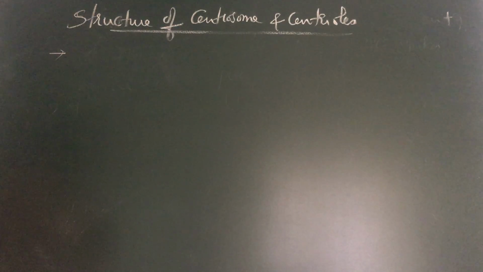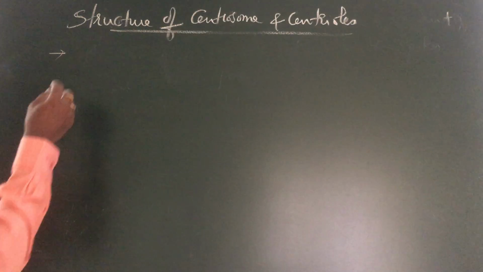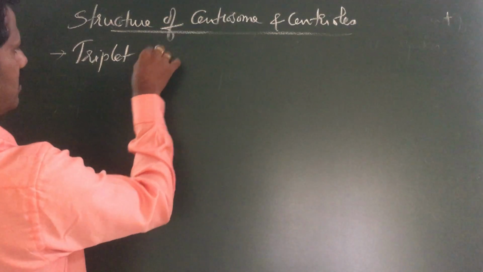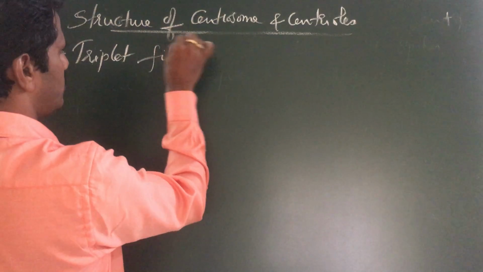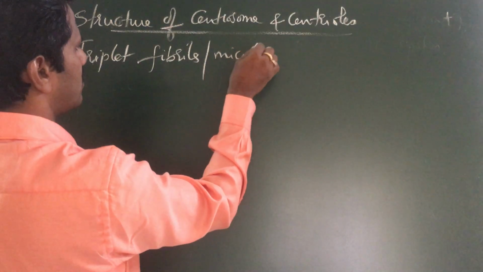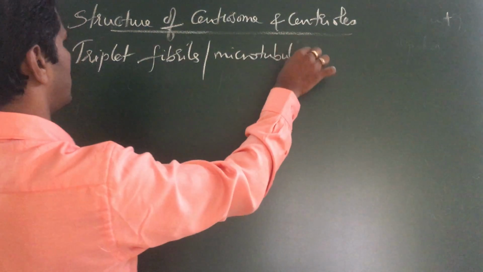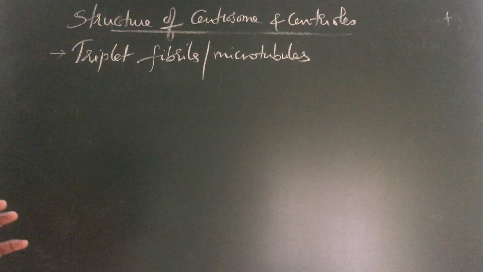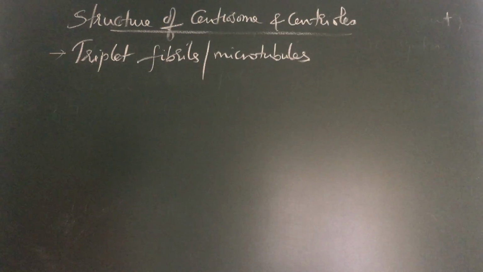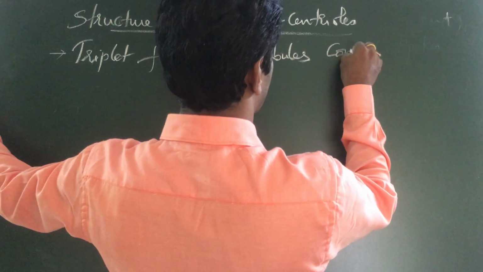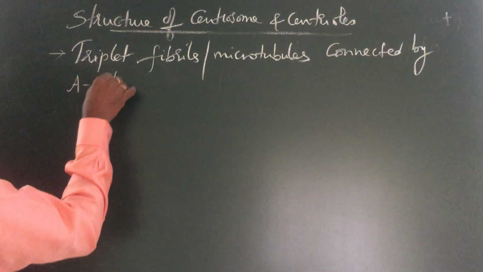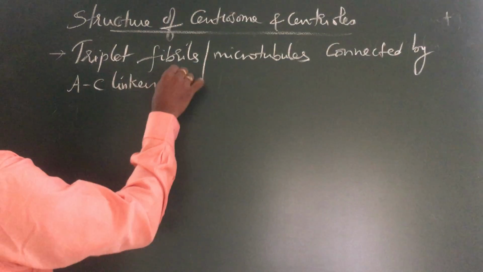The triplet fibrils, that is our microtubules, are connected by AC linkers or CC linkers.